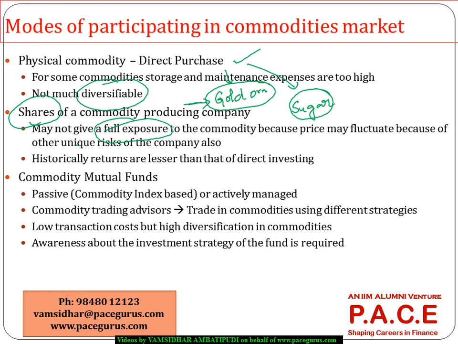That has been proved historically, that there is no perfect correlation between the underlying commodity price fluctuation vis-a-vis the share price fluctuation of that particular company, because most of the times the share price fluctuation, apart from the underlying commodities fluctuation, is directed by various other unique risks that could be specific to the company or something relating to the market or various other things, need not be exclusively because of the change in the price of the commodity.